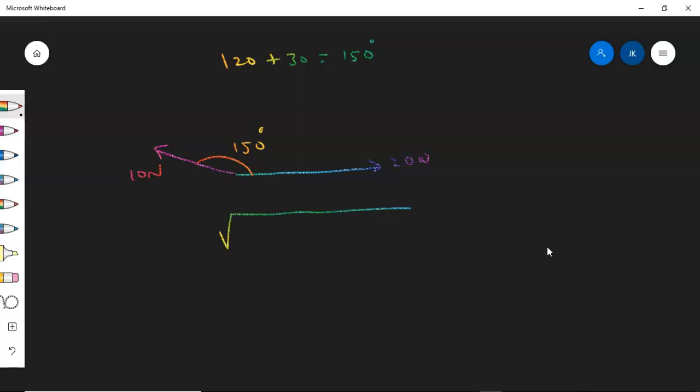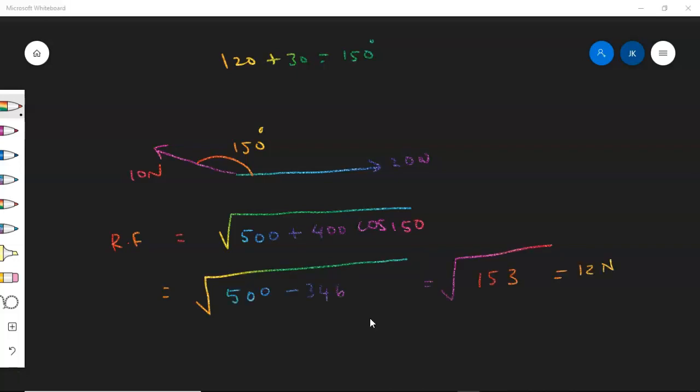Do the same: 10 square plus 20 square is 500, plus 2 times 10 times 20 is 400 cos 150. Here is the resultant force. 400 cos 150 is minus 346. The answer is 12 Newton.